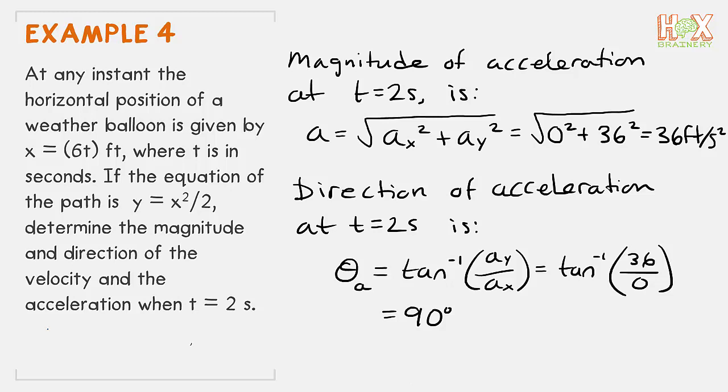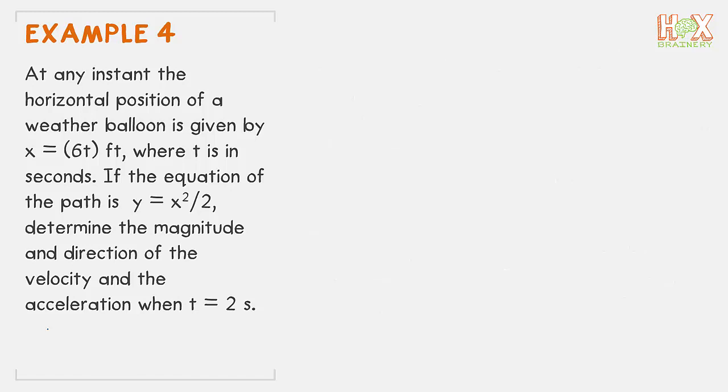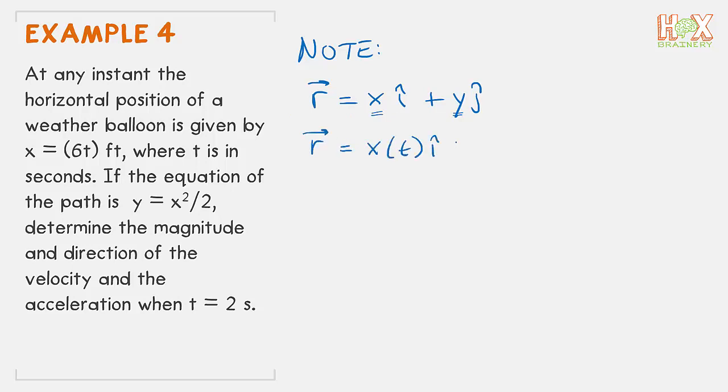Okay, so that finishes up this problem, but I do want to make one more final note. So in the previous examples, we were using vectors. But if this is your position vector, x and y, they're functions in terms of t, so you can think of them this way.